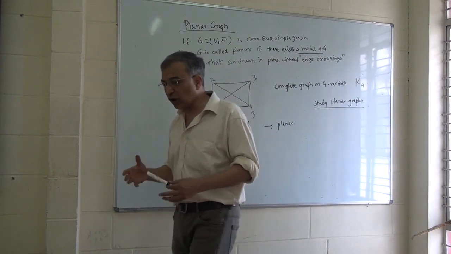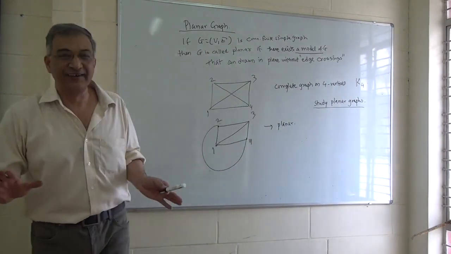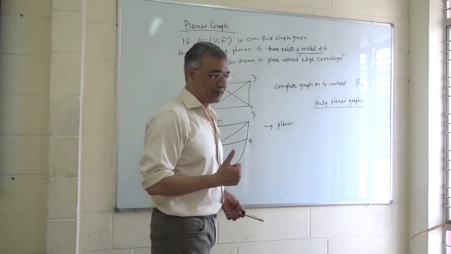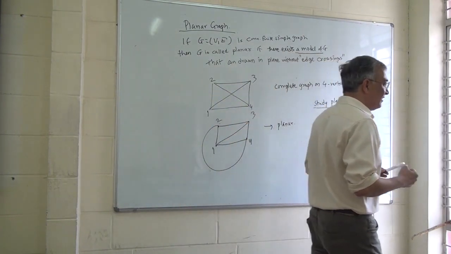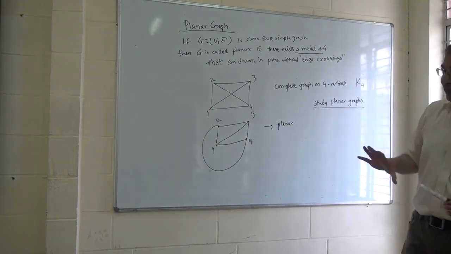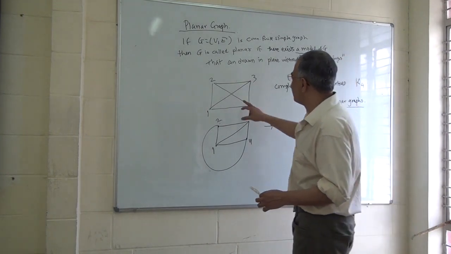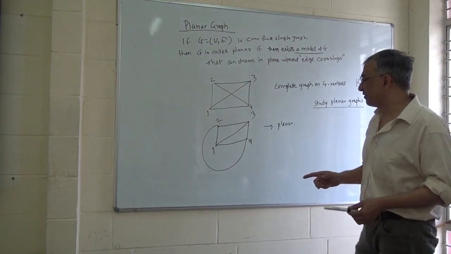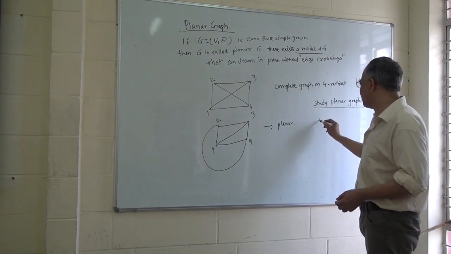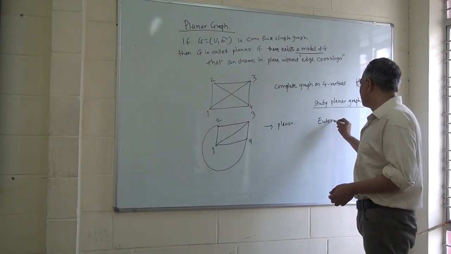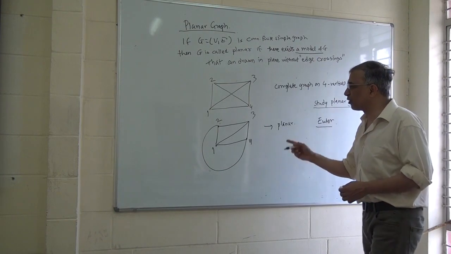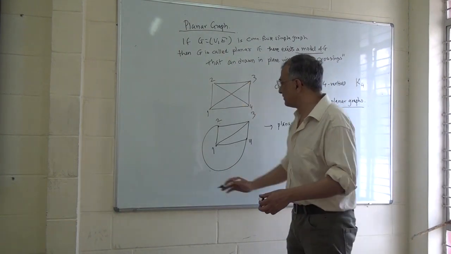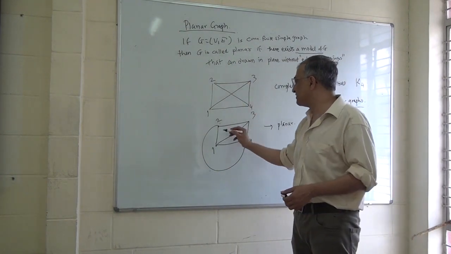Since edges do not cross, that's the only extra data that we have given in a planar graph. We have to somehow use that data, that we have drawn this graph on a plane and the edges do not cross. How can we use that data? The beautiful thing which Euler observed is that when you draw such a thing, the entire plane gets divided into different regions.